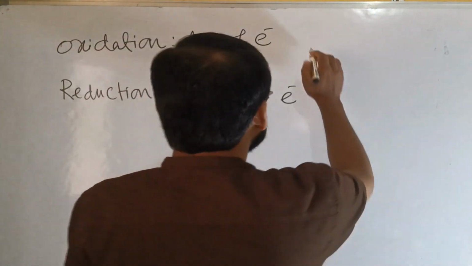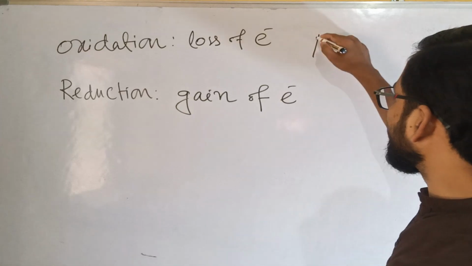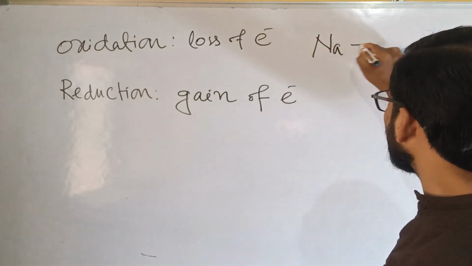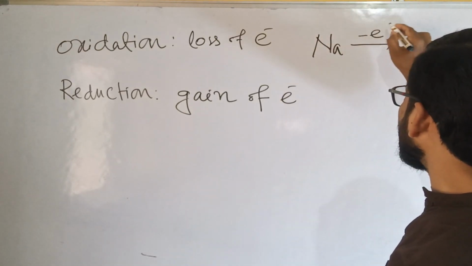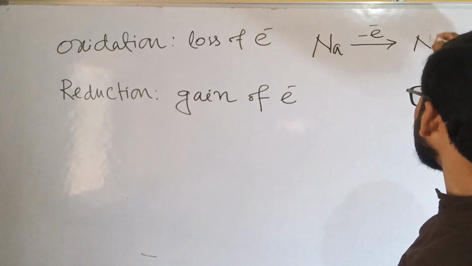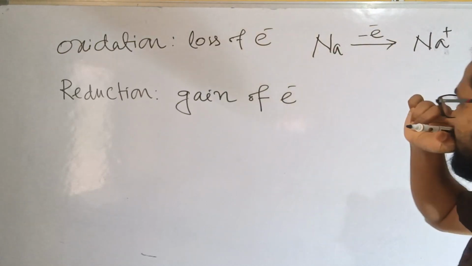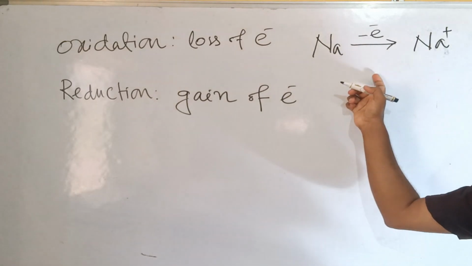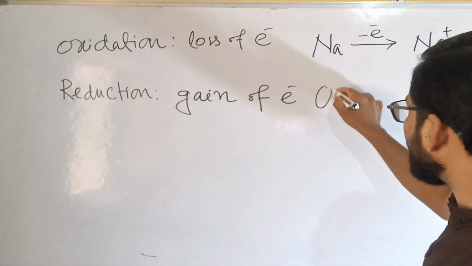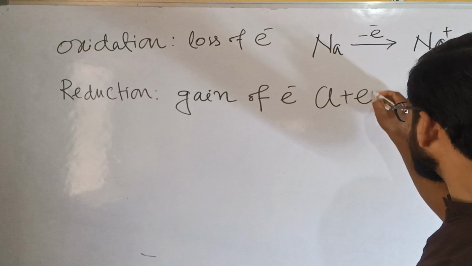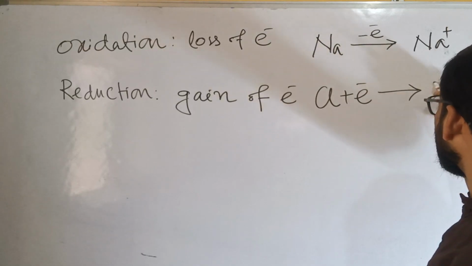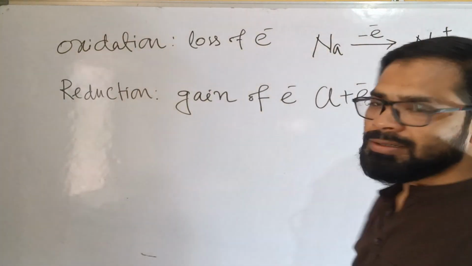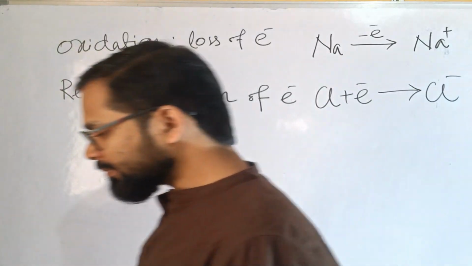Taking one example, let's say sodium releases one electron and becomes Na+. This is oxidation. In the case of reduction, similarly chlorine adds one electron and becomes Cl-. This is called reduction.